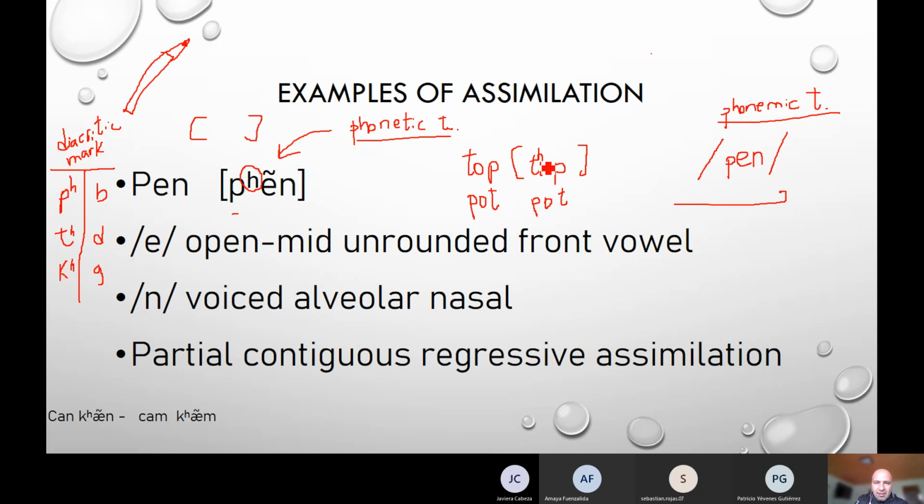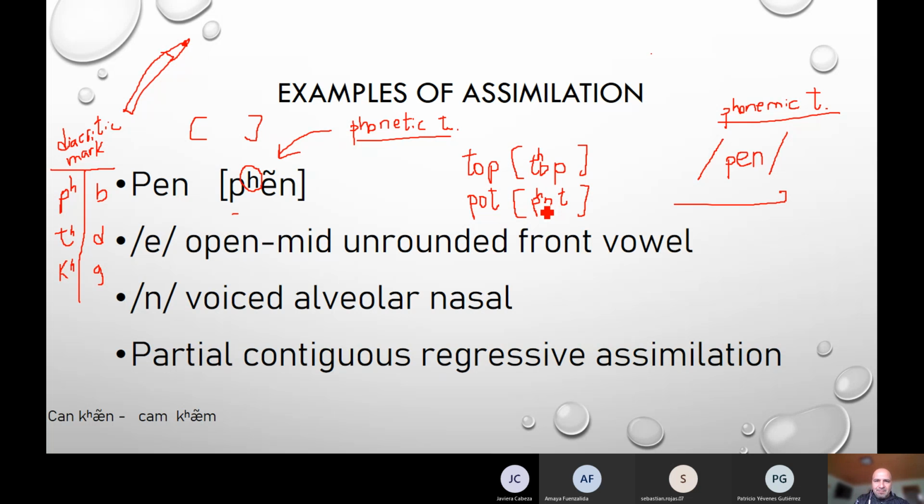So I'm including this small symbol that is a diacritic mark, very similar to the letter H, right? And the same thing in pot. The initial sound in pot is aspirated. So I show that by using this diacritic mark on the top right corner, basically.